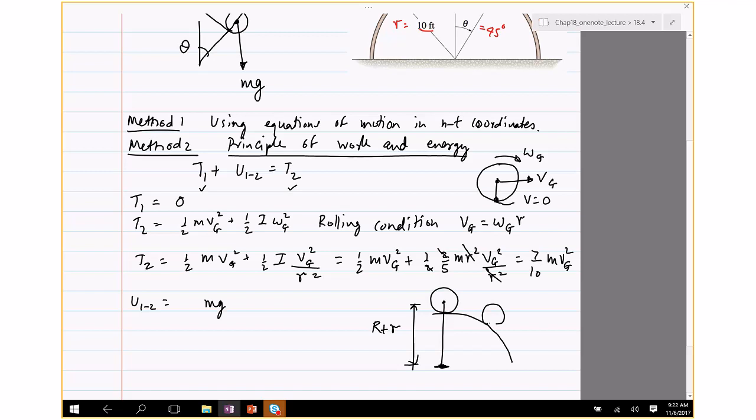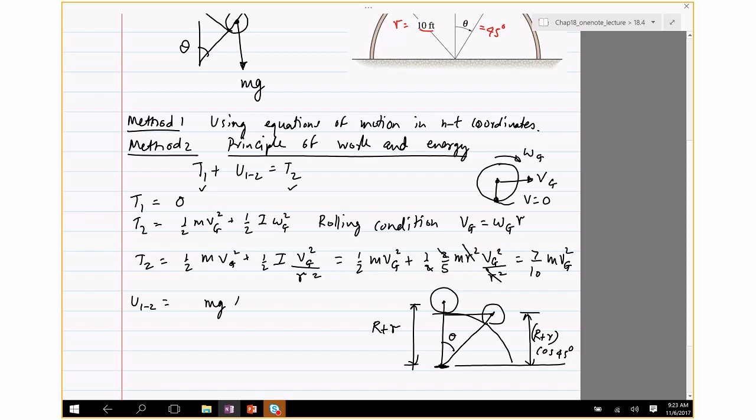Then it moves right here to the new height. That's going to be R plus r cosine 45 degrees.